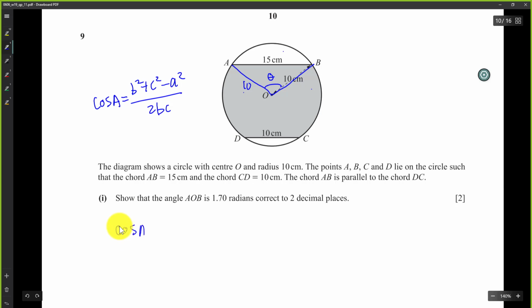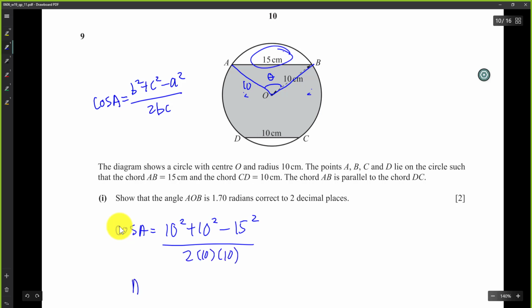So cos A equals, b and c are two sides, a is the opposite length. You need to always remember this because some students do not know which one is a, b, and c. So this is 10 squared plus 10 squared minus 15 squared over 2 times 10 times 10.